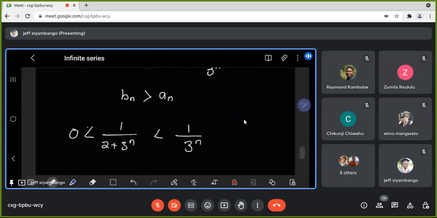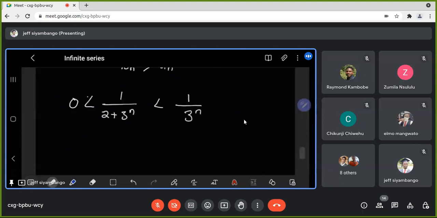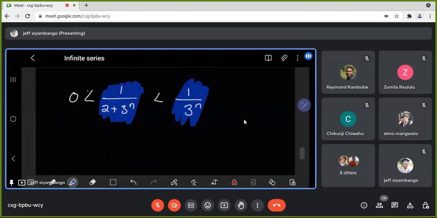Because these are satisfied, this allows us to use the direct comparison. What is this comparison? Whatever the state of our Bn will automatically become the state of our An. So all we have to do here is determine whether our Bn converges or diverges. If it converges, even An converges. If it diverges, even An diverges.